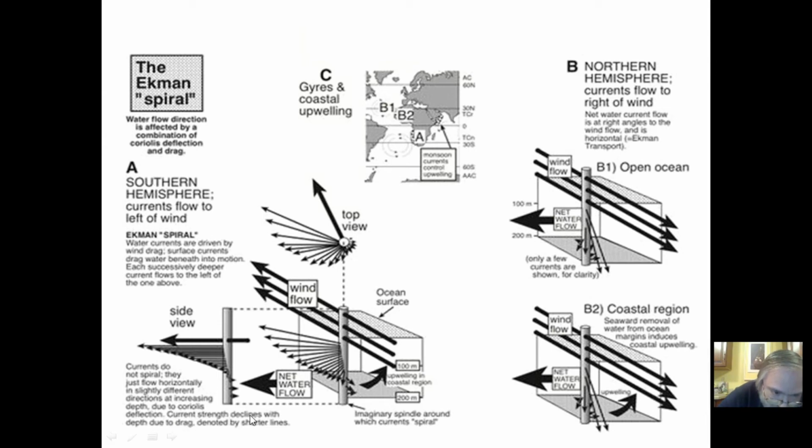Current strength declines with depth due to drag further away from the surface and is indicated by the shorter arrows here. So the spiral is just the spiraling of the shortening current flow's magnitude is really all I'm talking about here. So if you wanted to look at this, you can pause the video. It's just kind of a little summary, put it all together for what I've just been discussing.